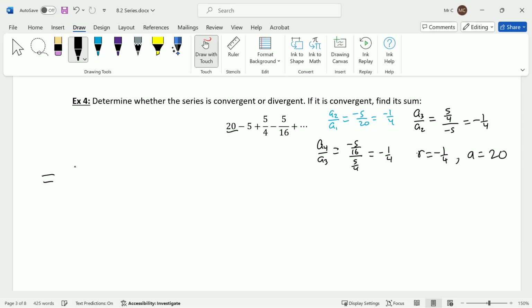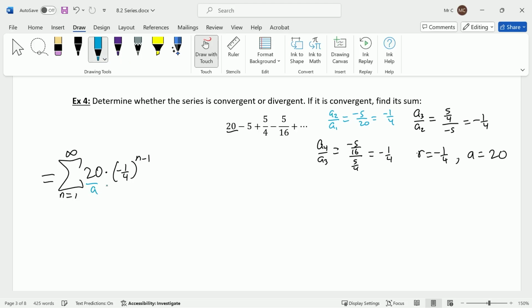So I can write this in geometric series form as the sum from n equals 1 to infinity of 20 times negative 1/4 to the n minus 1 power.